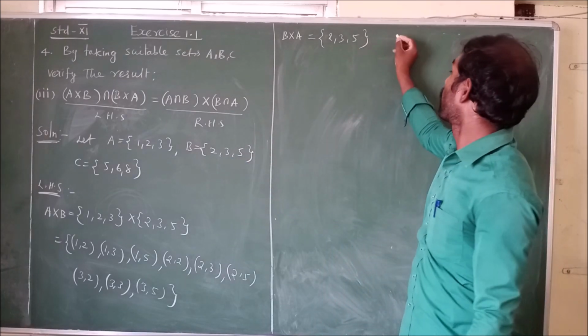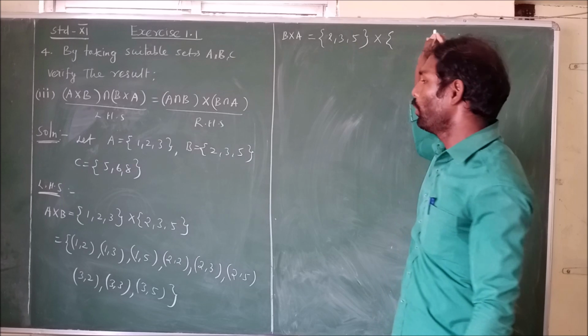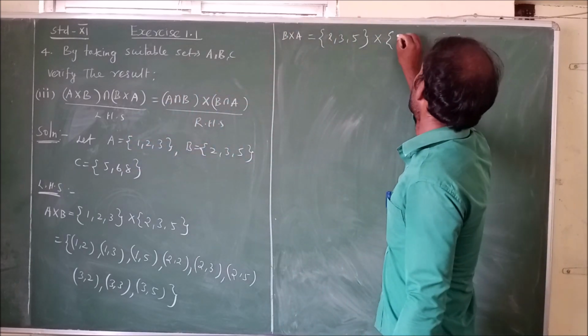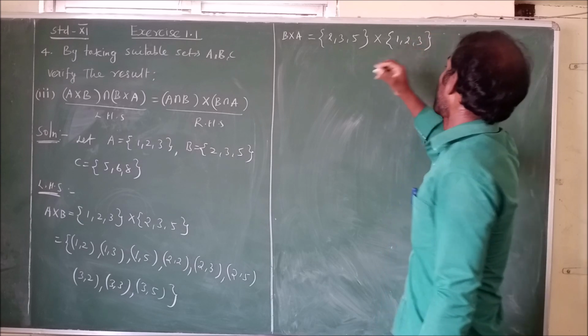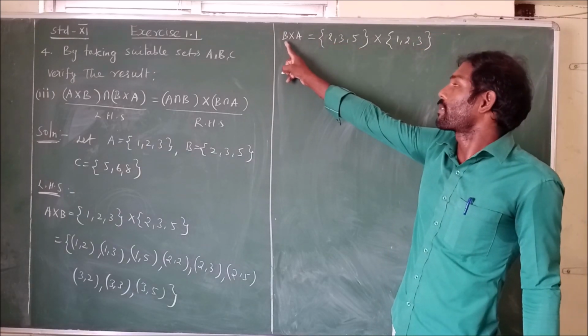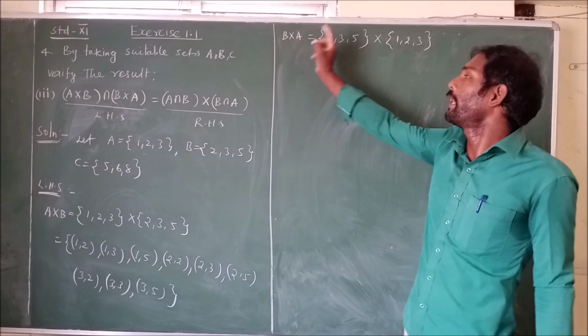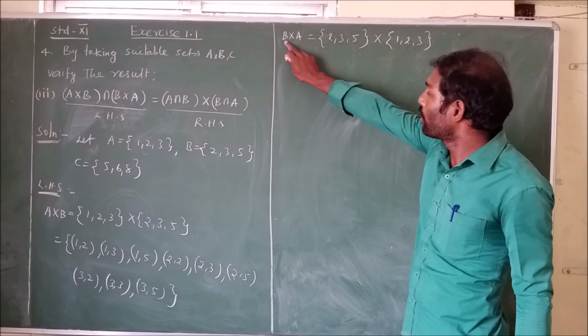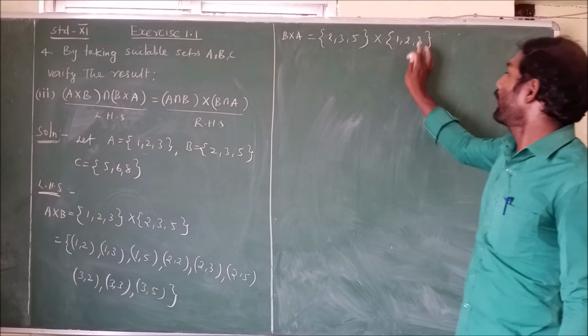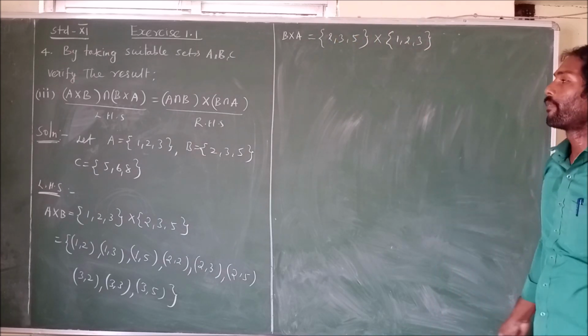So we write down the first entries of B, then the entries of A.